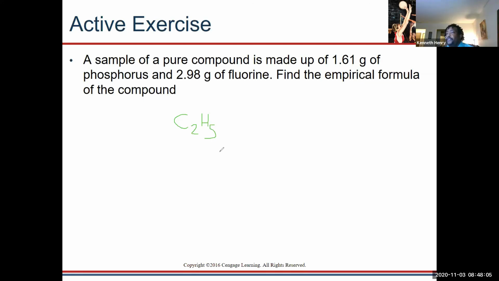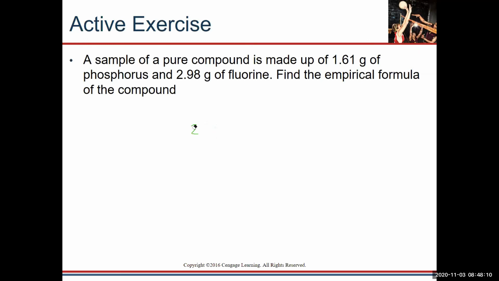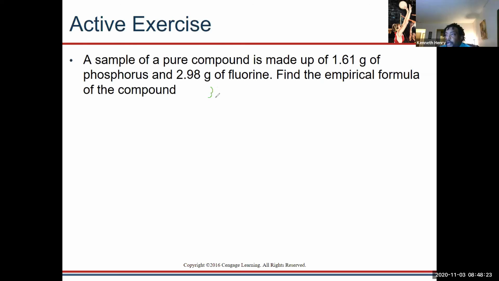That element. Okay, so what is the molar mass of phosphorus? 31. Okay, so it's 31 grams per mole. So that's phosphorus.